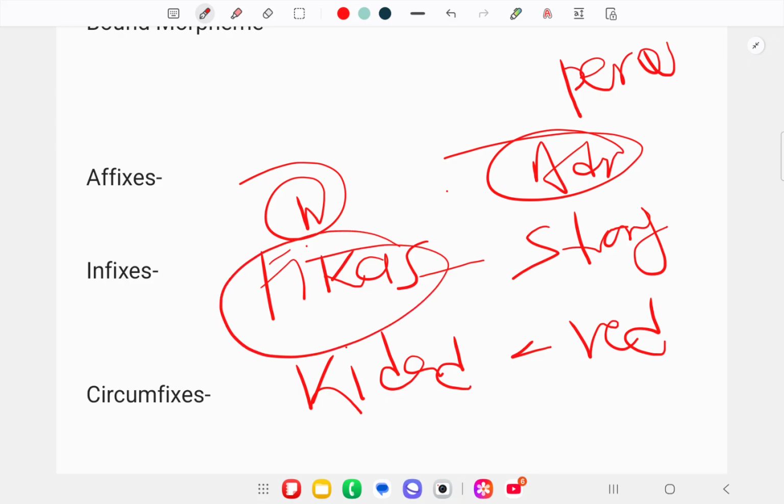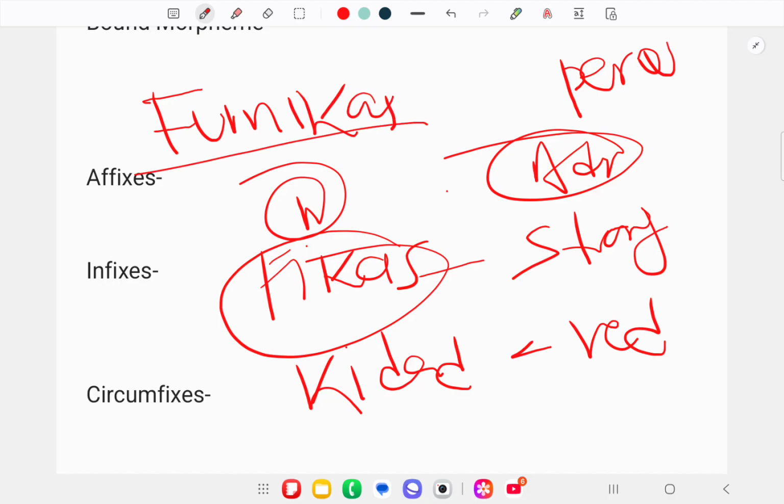But when we use the infix, fikas becomes fumikas. Here um is the infix. One more point we should remember: if there is a u before, then this u will replace it, to make the infix in the word.